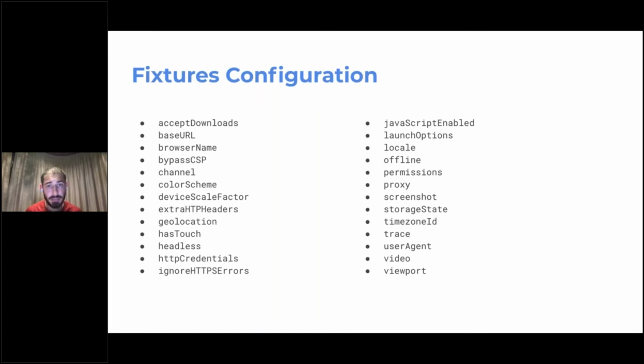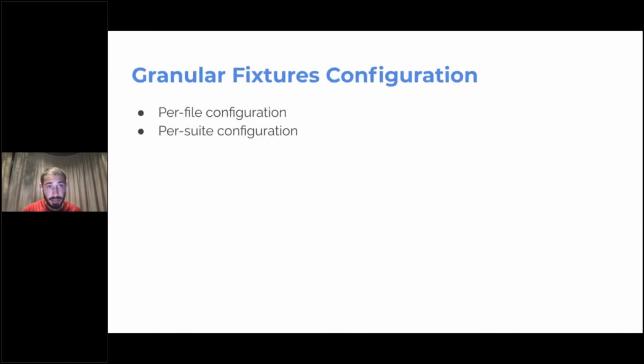Features are actually a very powerful concept. The reason they are powerful is that you can not only configure them in your Playwright configuration file, but you can also have a more granular feature configuration, which is either per file or per test suite.